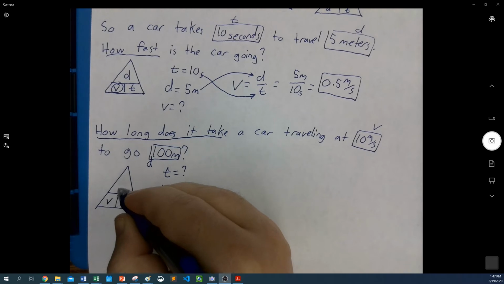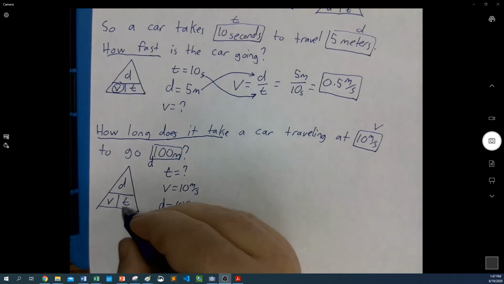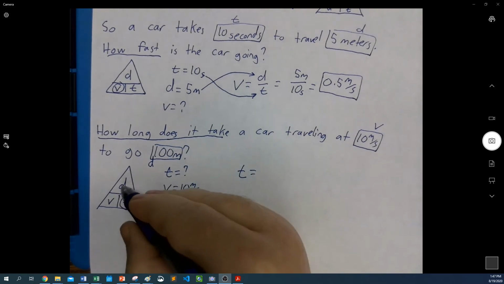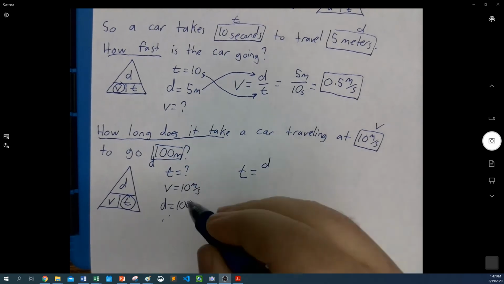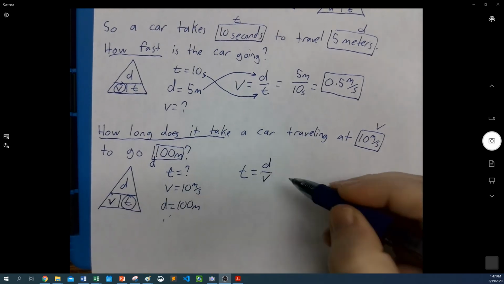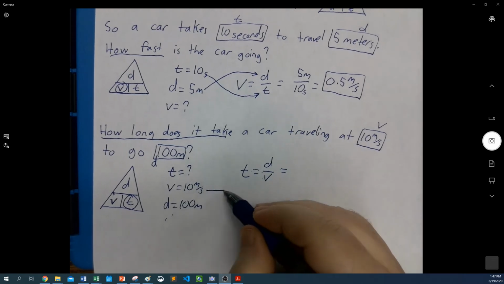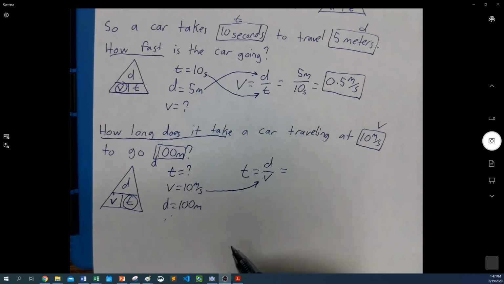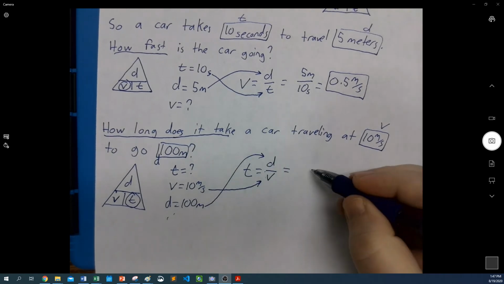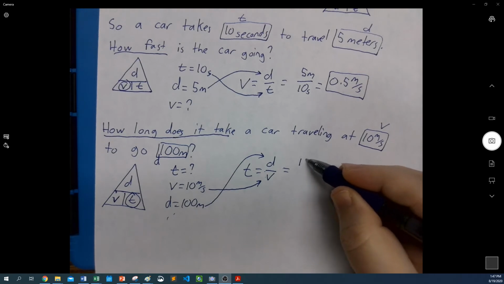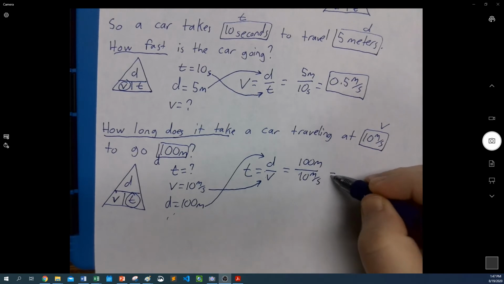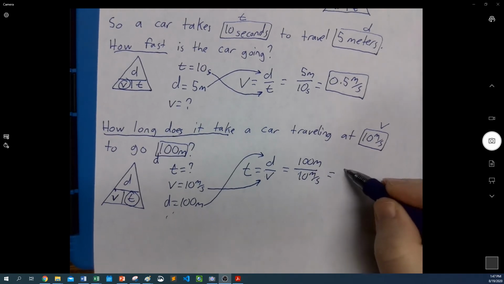So making our little triangle, we're solving for time. Time is equal to distance divided by speed or velocity. So we plug in 10 meters per second and 100 meters into the D. 100 divided by 10, 10 seconds.